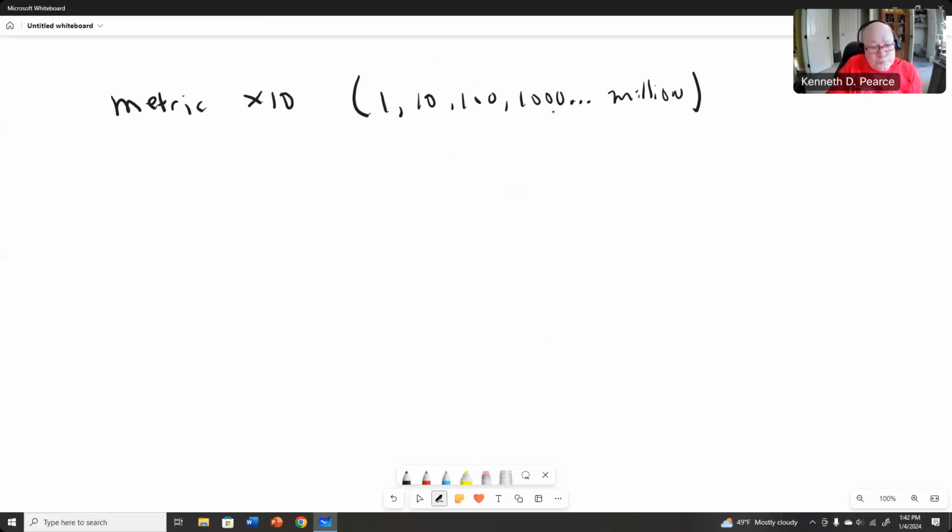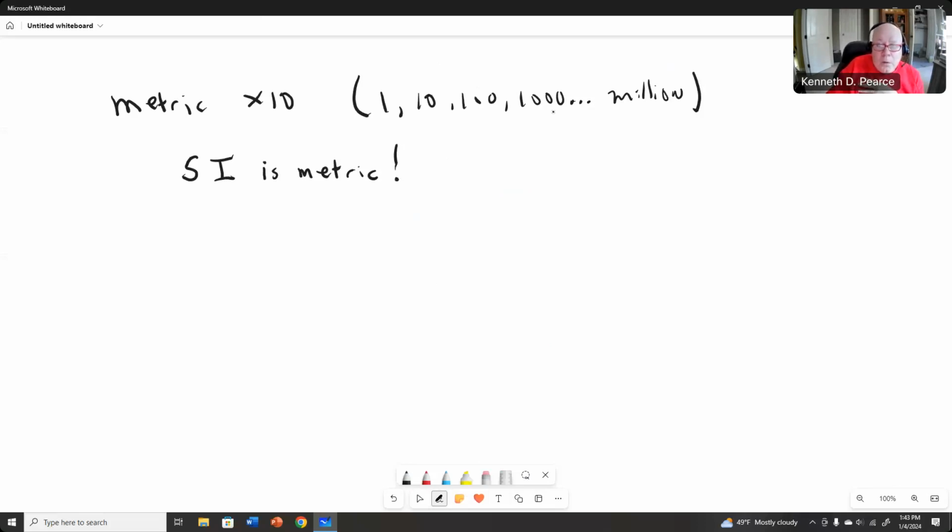Now, we have something called SI, which is System International, or the International System of Units, and it is powers of 10. I've seen this presented as somehow special, but SI is metric, all right?